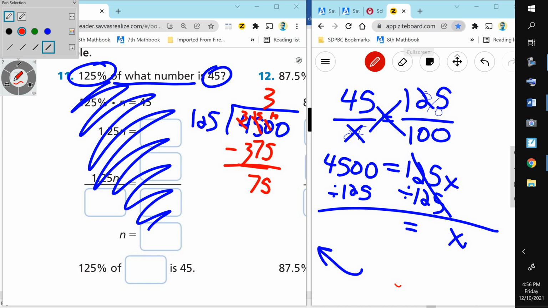Ooh. Heath, you did your math wrong. Wow, I know it's 75, but, oh, that's even a 4. What did you do?